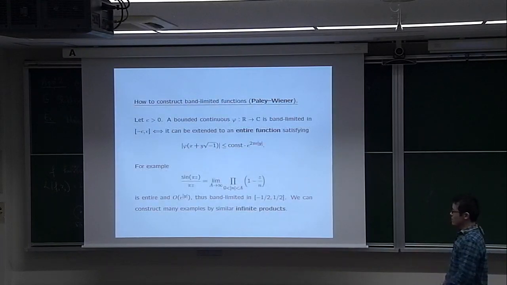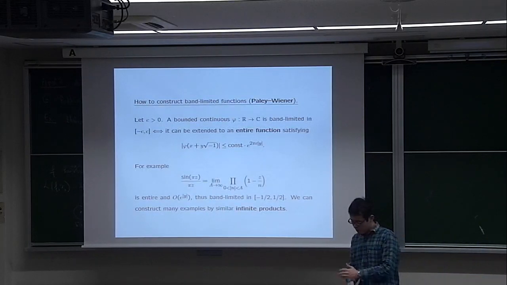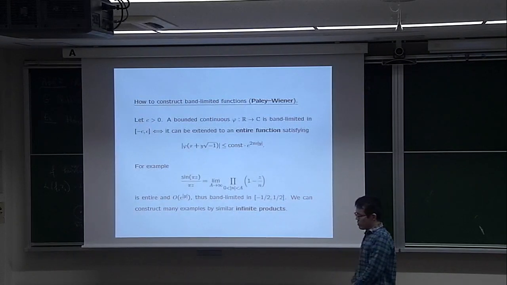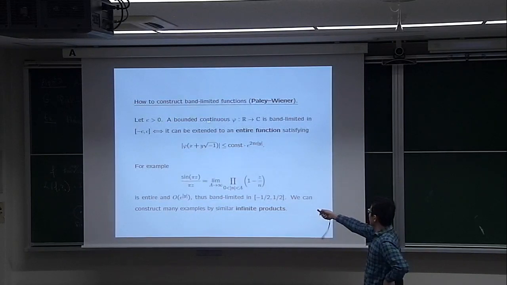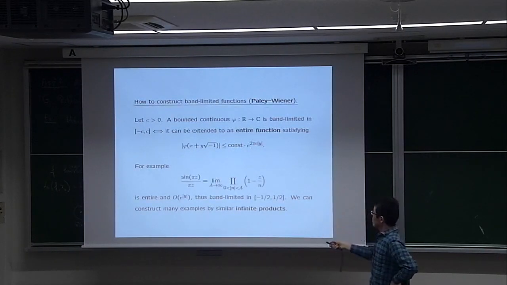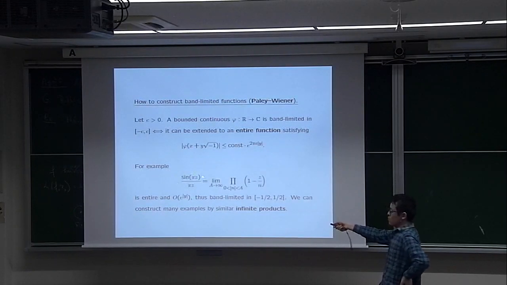This slide is just a digression: how to construct band limited functions. This is a very classical subject, essentially solved by Paley and Wiener. Let's take a positive number c. A bounded continuous function phi is band limited between plus minus c if and only if it is an entire function satisfying this growth condition. For example, consider the so-called sinc function. This has this infinite product expansion.